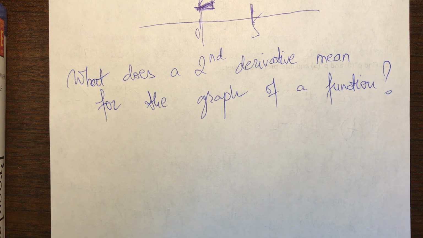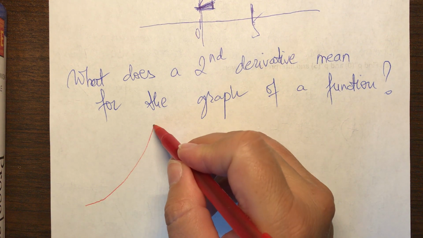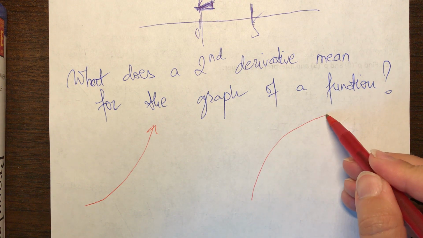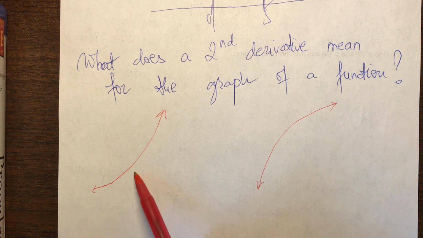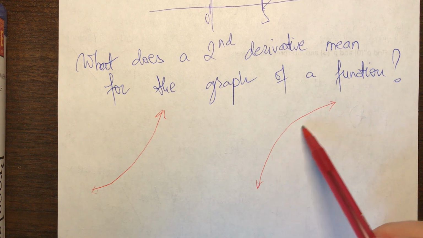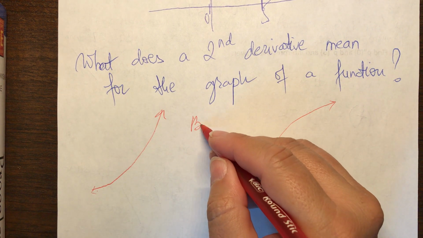So here I'm going to draw two graphs for you that are both, in fact, increasing. This graph is increasing, going up, up, up. This graph is increasing, going up, up, up.